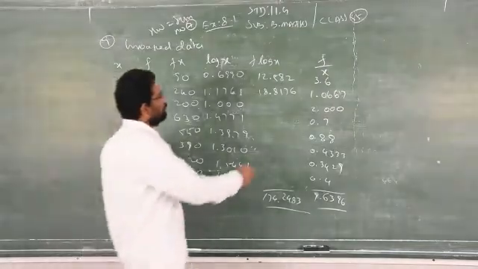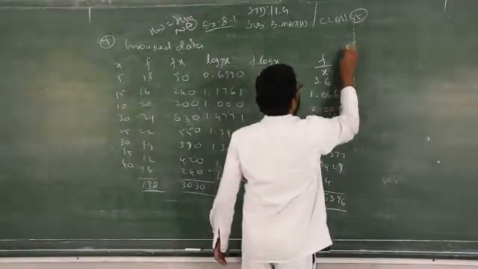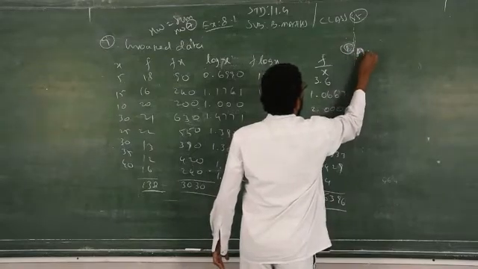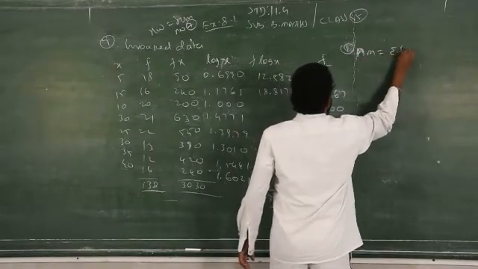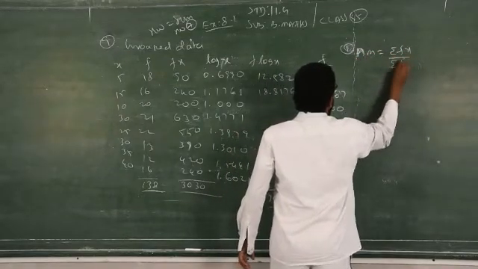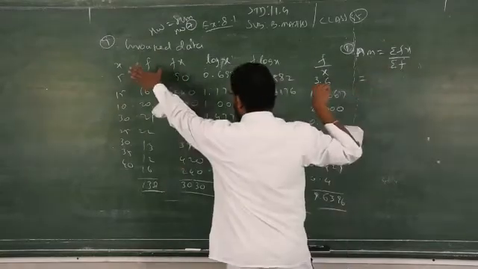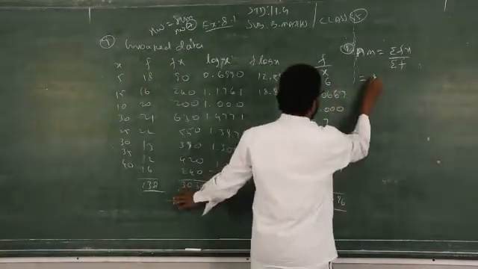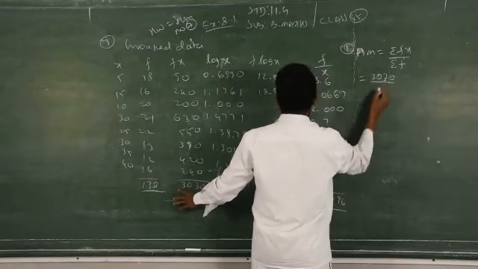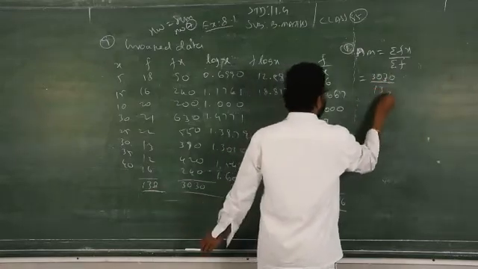Clear? So now AM. What is the first formula? To find AM, summation fx by summation f. This is the formula for grouped data. Summation fx we found already, 3030 by total 138.